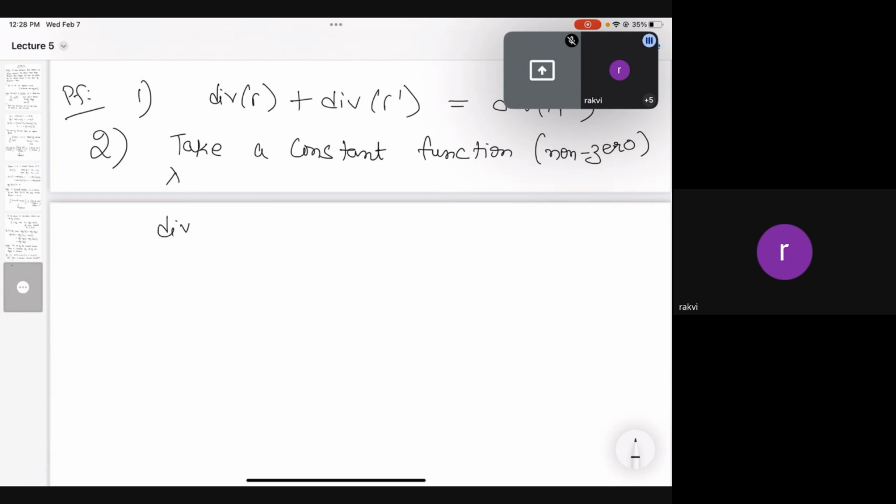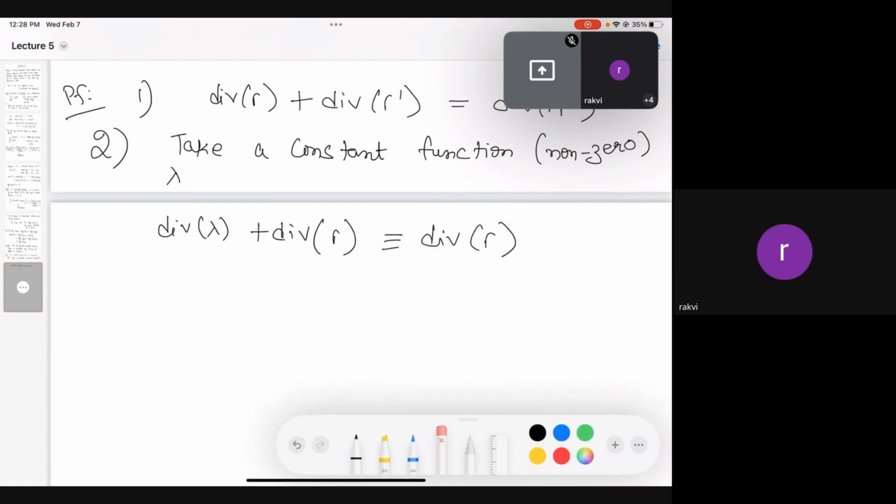Then the divisor of lambda plus the divisor of anything is, yeah, it would be equal.